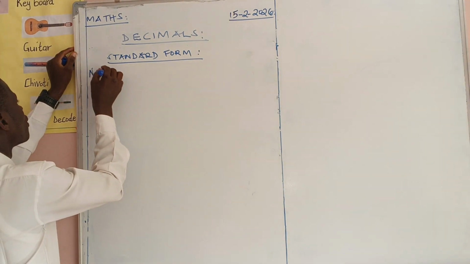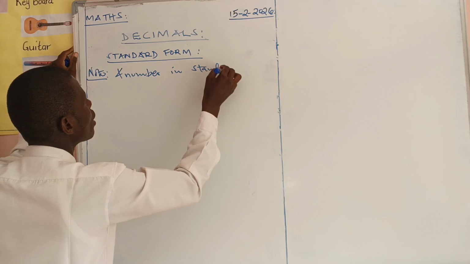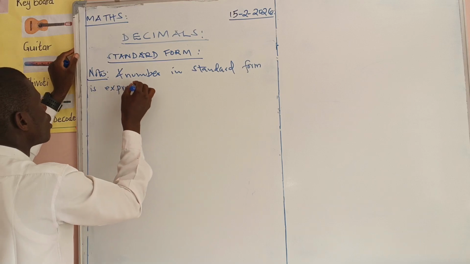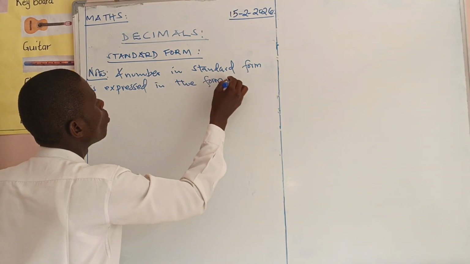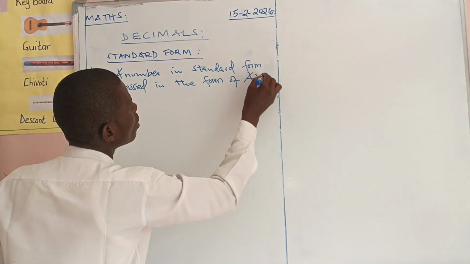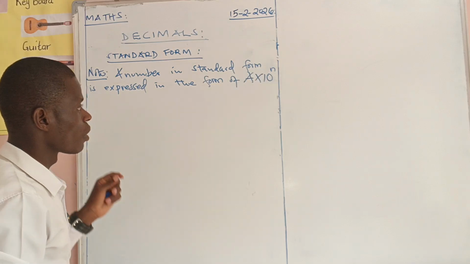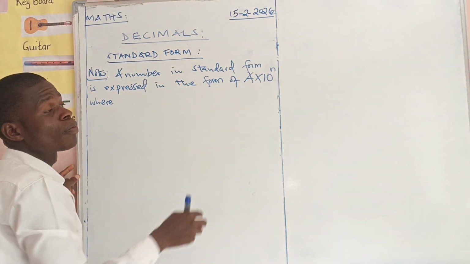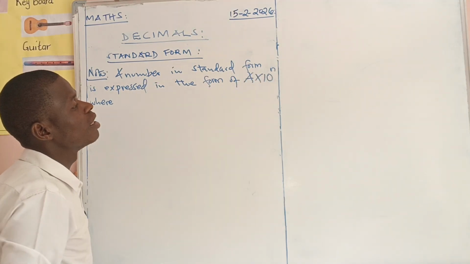Now, what are standard form of numbers? Note here: a number in standard form is expressed in the form of a times 10 raised to power n, where a is a number equal to or greater than 1, it can be 1 or greater than 1, and n is an integer.